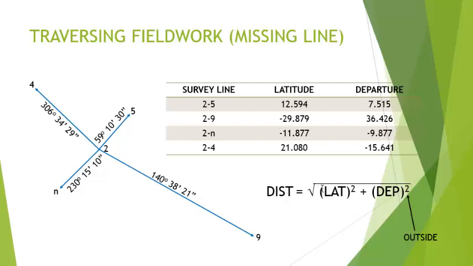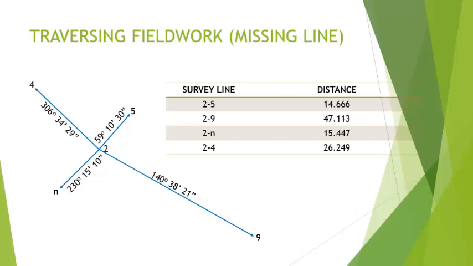What I mean is, the square here is actually outside the value of this bracket. You see, the square here is outside the value of this bracket. And of course, the operation is addition. Once you have done this, you will get the value of the distances.